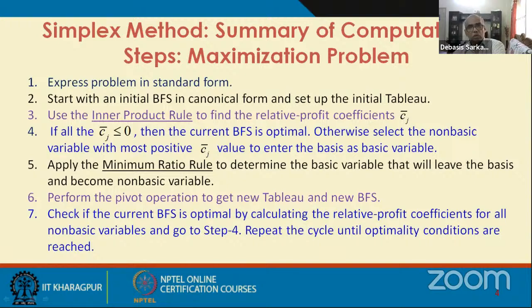This is with respect to a maximization problem. If you are solving a minimization problem, your choice will be governed by Cj bar greater than or equal to 0, and instead of selecting the non-basic variable with the most positive Cj bar, we will select the most negative one. Now apply the minimum ratio rule to determine the basic variable that will leave the basis and become a non-basic variable.